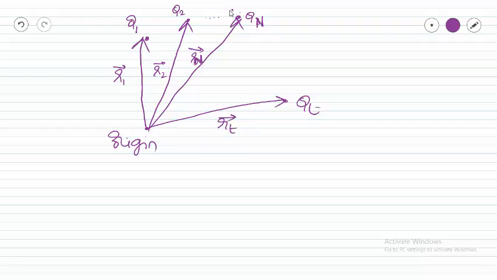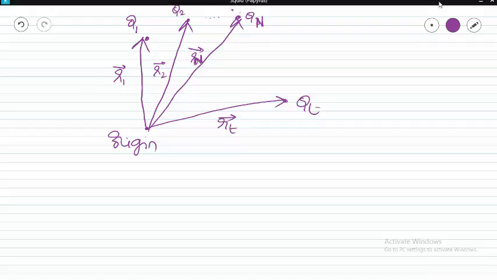Now in order to find out the electric field intensity due to this n number of point charges at this point in space, I would like to find out what is the force per unit charge at this point. So what is the expression we had earlier for force?